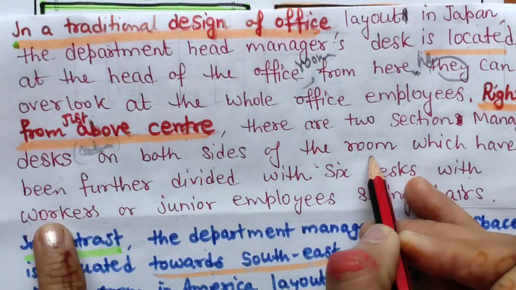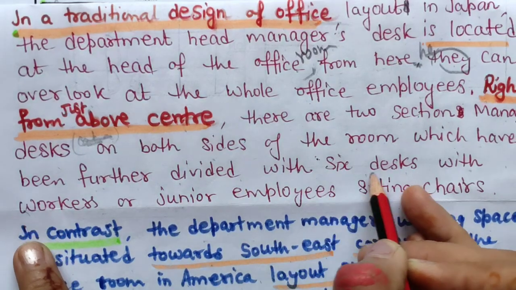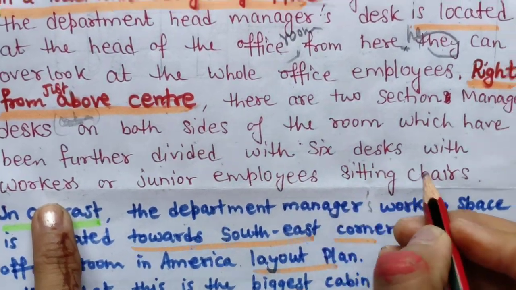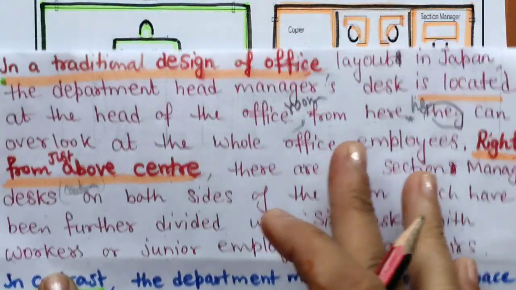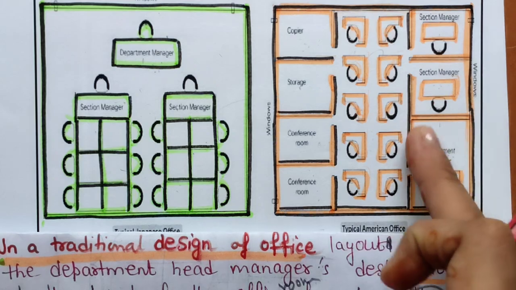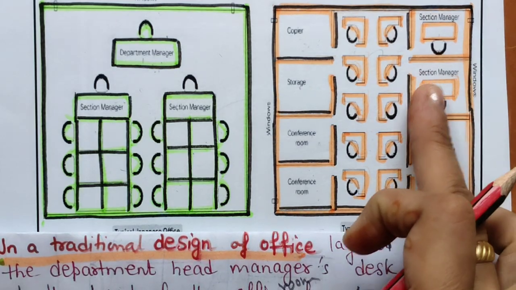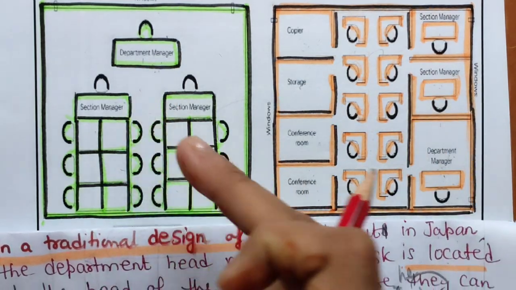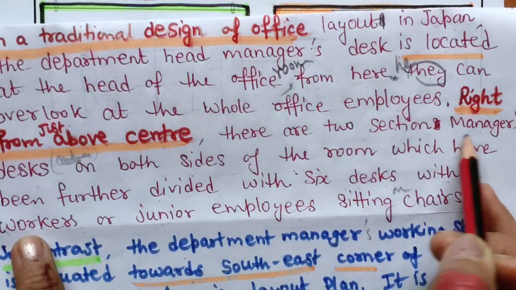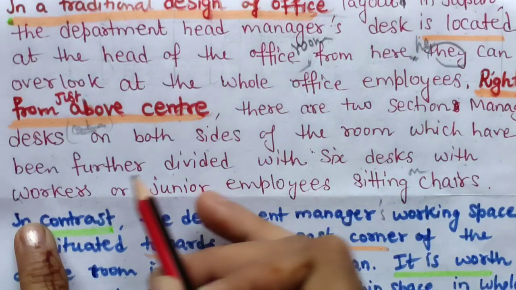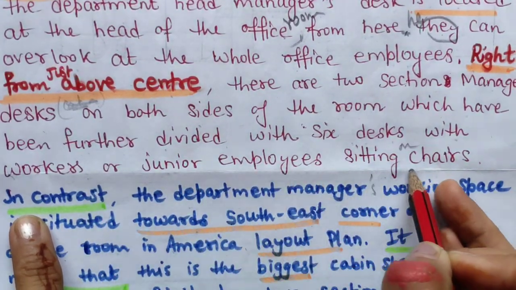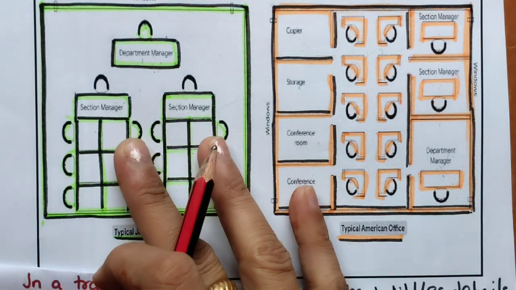On both sides of the room, which have been further divided with 6 desks with workers or junior employees sitting on chairs. So these are not cabins, because cabins are shaped like a room with some openings. So these are desks only, table and chair only. Okay, now we have talked about this.